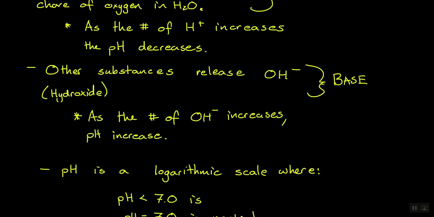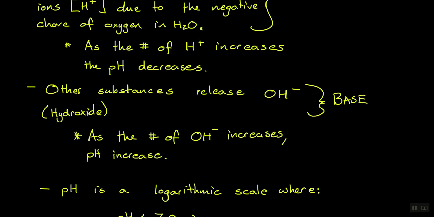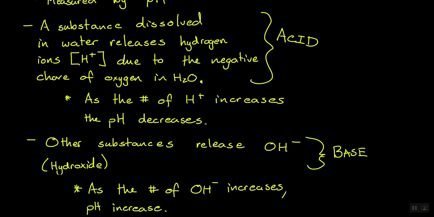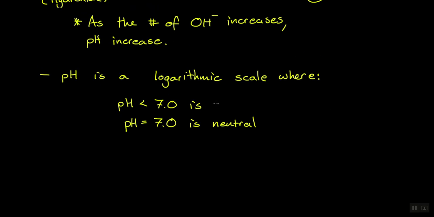Which one was decreasing? This is acidic. Okay, anything with a pH less than 7 is acidic. Which means on the flip side, if we take a pH greater than 7, it's a base.